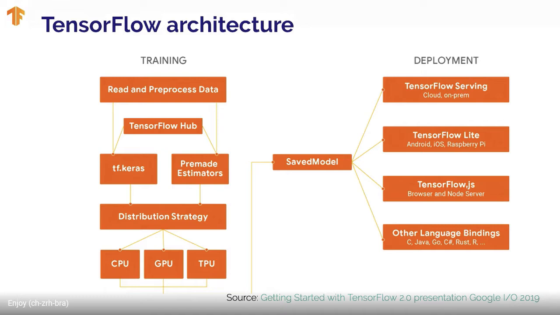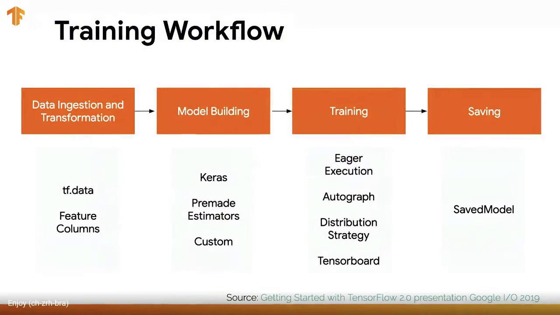Fabian, you'll go through the entire ecosystem. Just to say, at the moment TensorFlow goes from training models to deploying models to serving models on different hardware, like the Coral devices and so on. There's a complete palette of everything you need. The typical training workflow has different parts, and what I like about TensorFlow 2 is that they developed things to solve the most common problems we faced with TensorFlow 1.